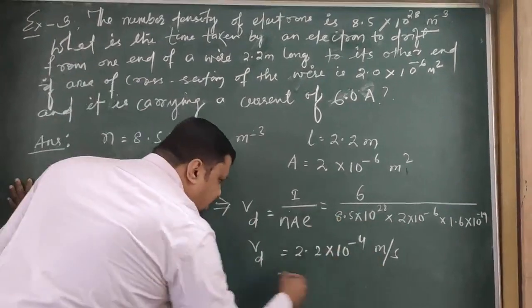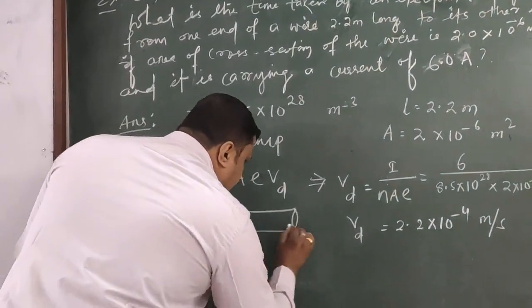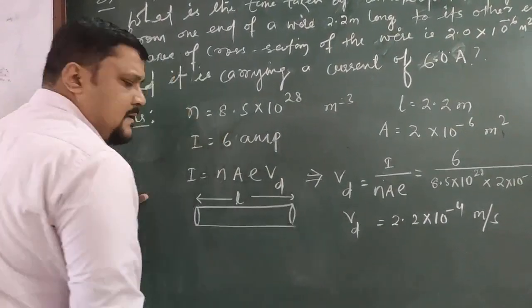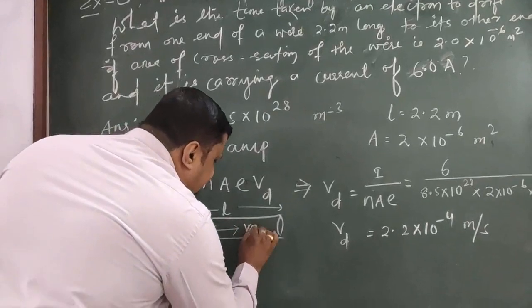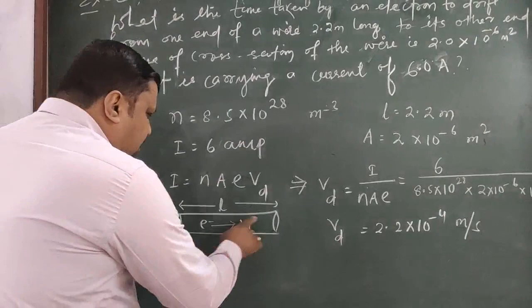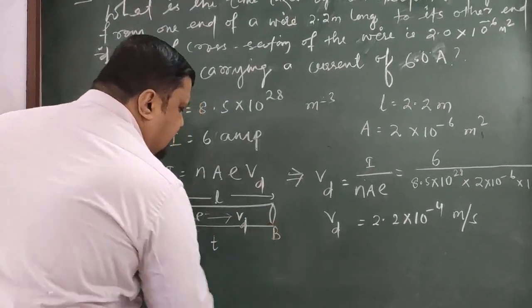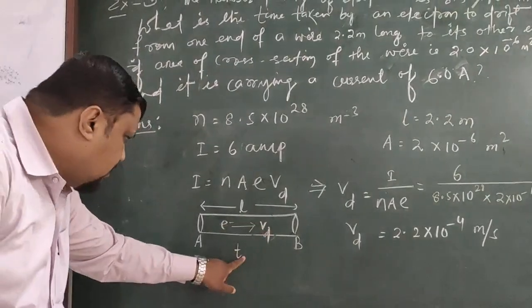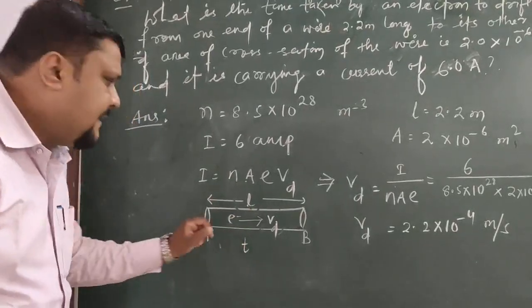From here we can find it. Suppose this is the conductor, and the length of the conductor is L. The electrons are drifting with velocity Vd, the drift velocity, and let the electron take a time t to move from end A to B. So the electrons travel a distance L in time t.